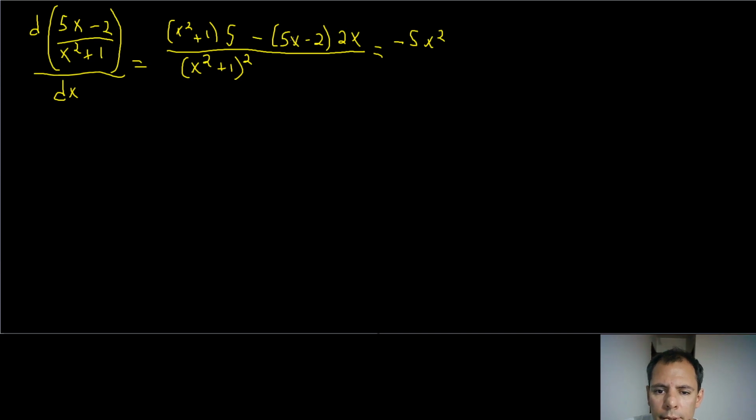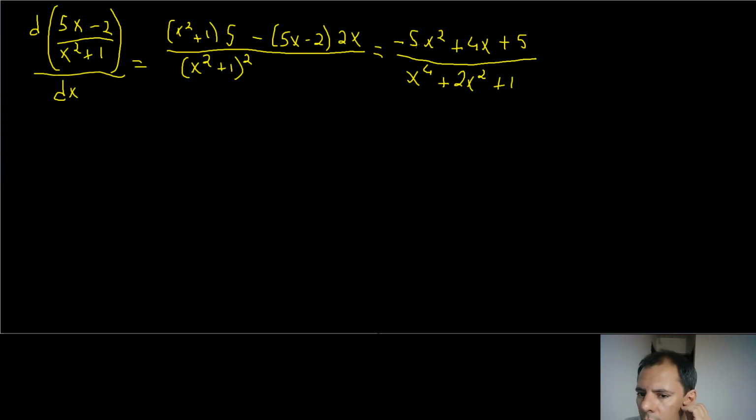The only way that you can get an x in here is plus 4x, and then plus 5. Divided by, if you want to expand this, x to the fourth plus 2x squared plus 1. And that's it.